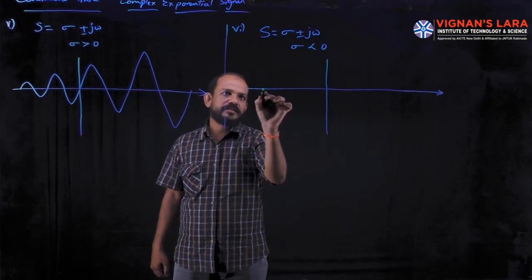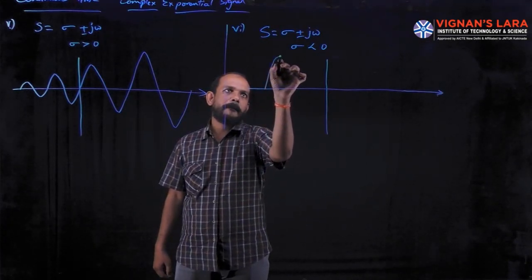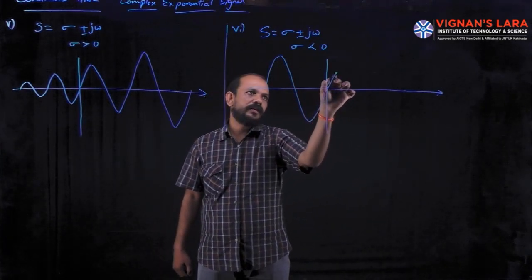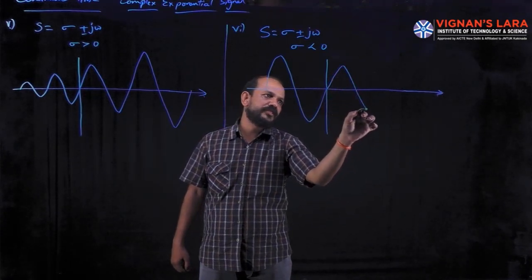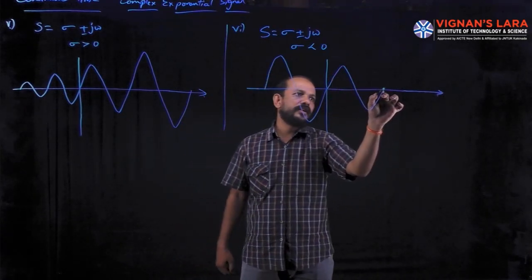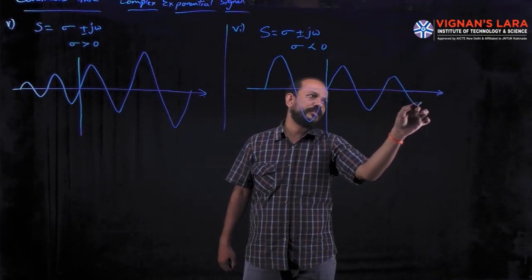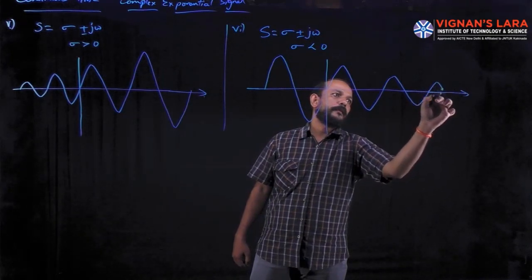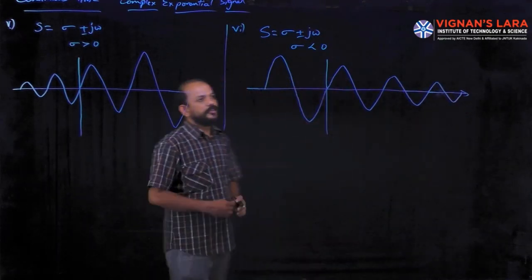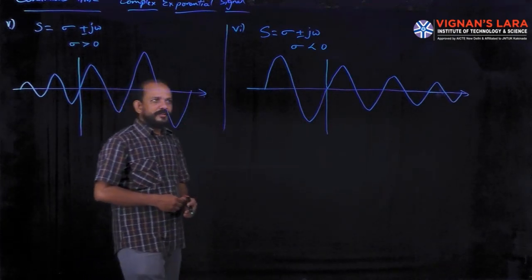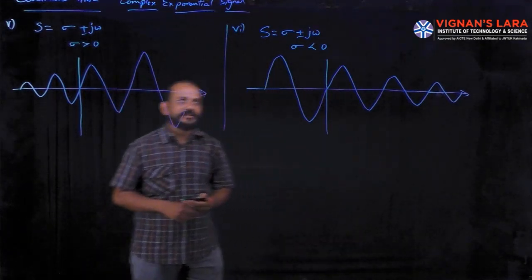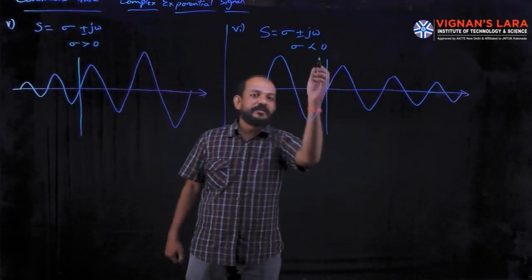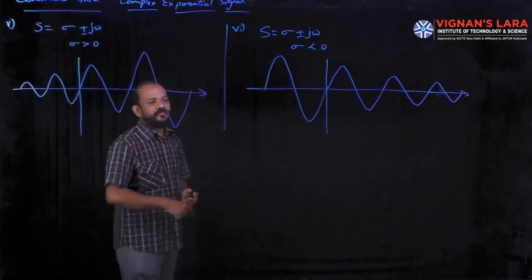So I've taken a bigger one first, and then the amplitude reduces a bit, and then the amplitude reduces further, more. Okay, simple. So this is the last one, for s equals sigma plus or minus j omega and the sigma value less than 0. The waveform shape will be like that.